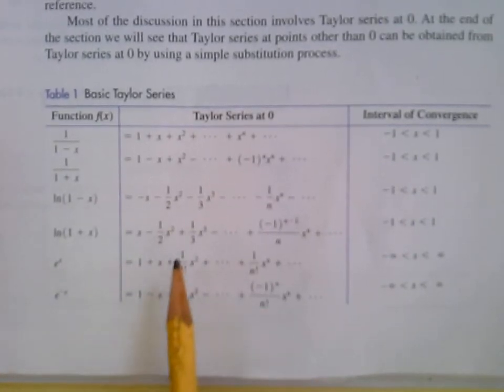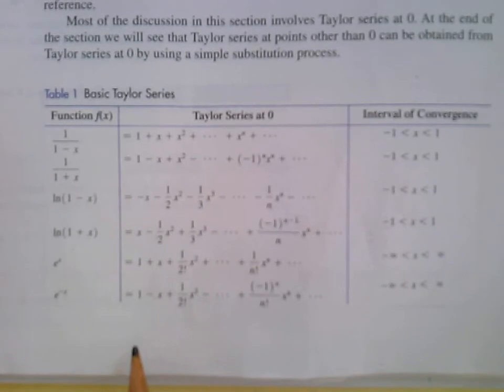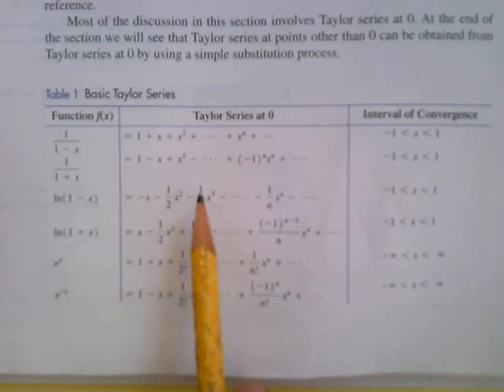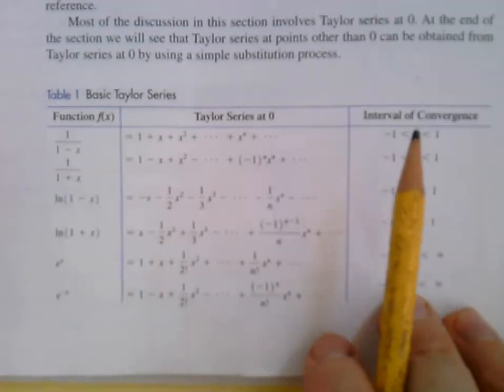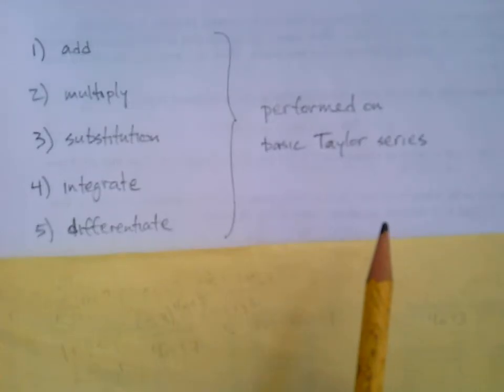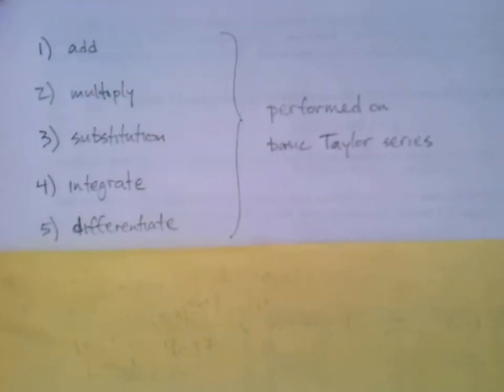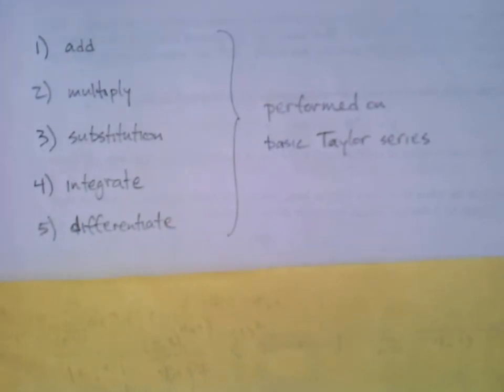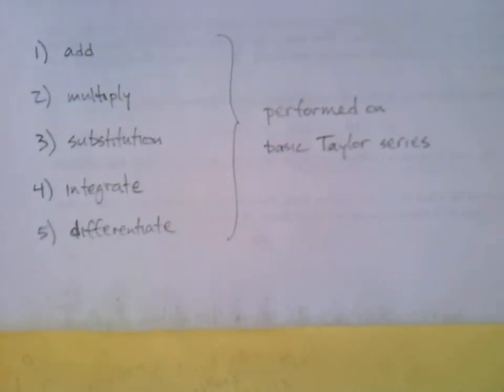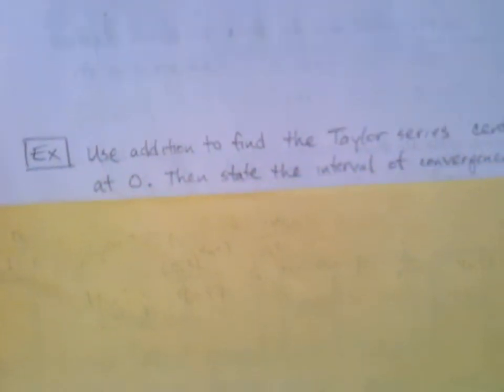Okay, so we're going to be coming back to this for every problem because we're going to be doing operations on these things, so we're going to have to know what their Taylor series are. Okay, get that out of the way. Let's see. I think we're just going to dive right in and do some addition. Okay.